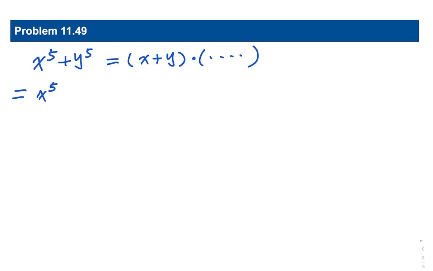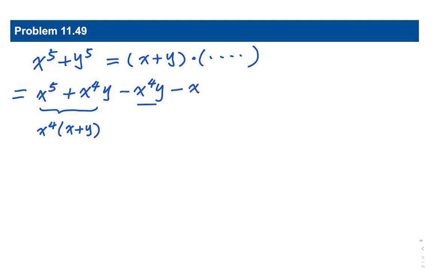So we can do x to the power 5 add x to the power 4 times y. This will give us x to the power 4 times x plus y. But then we need to subtract x to the power 4 y. In order to get x plus y term using this term, then we need to subtract x cubed y squared.